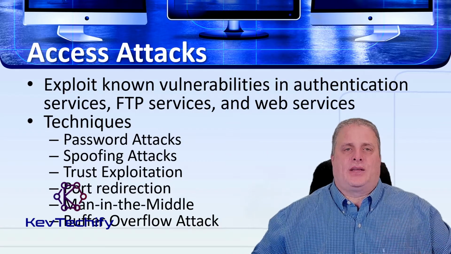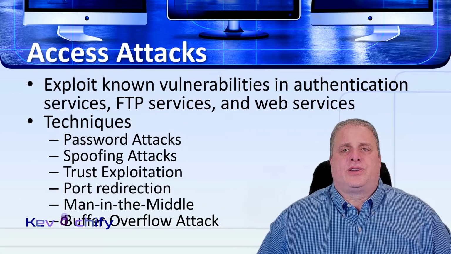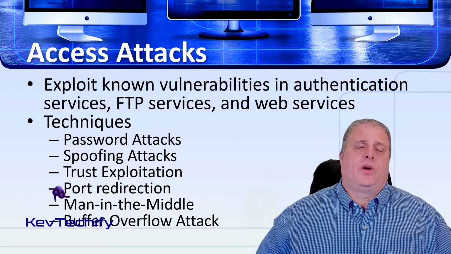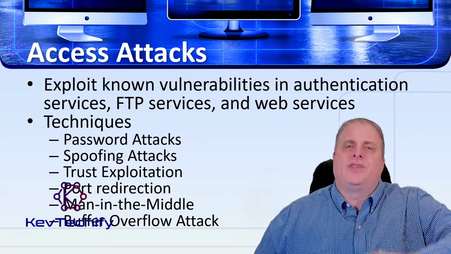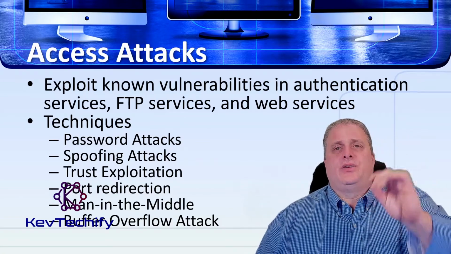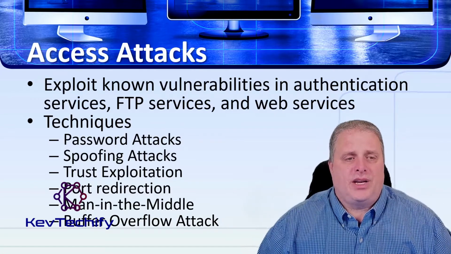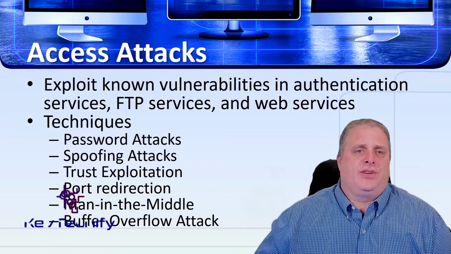Access attacks exploit known vulnerabilities in authentication services, FTP services, and web services. Now, the purpose of this attack is to gain entry to web accounts, confidential databases, and other sensitive information. Now, there are several different techniques.